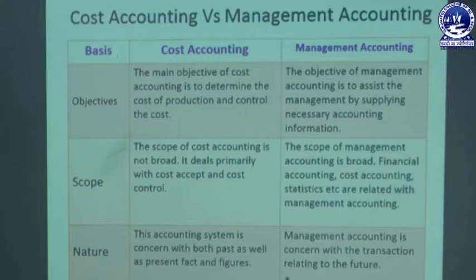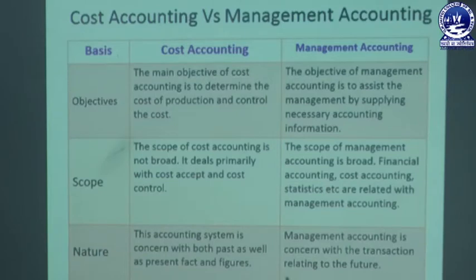The first basis relates to the objectives. The basic objective of cost accounting is to determine the cost of products or control the cost, but the basic objective of management accounting is to assist the management by supplying necessary accounting information.